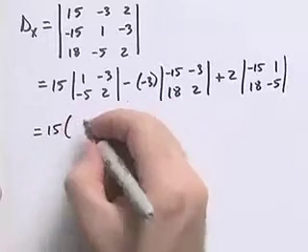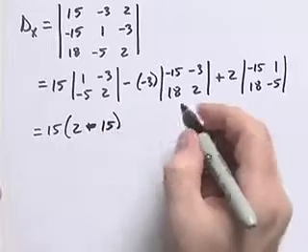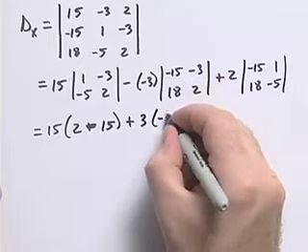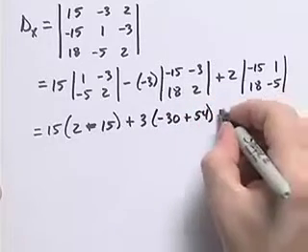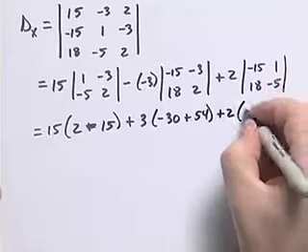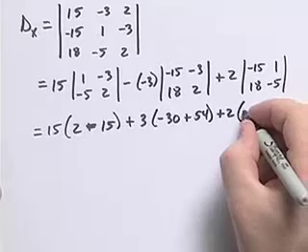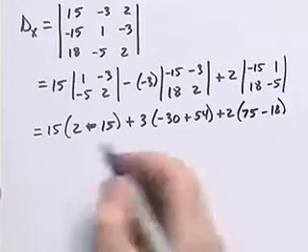We'll have 15 times 2 minus 15, plus 3 times negative 30 plus 54, plus 2 times negative 15 times negative 5, which will give us a positive 75, and minus 18.